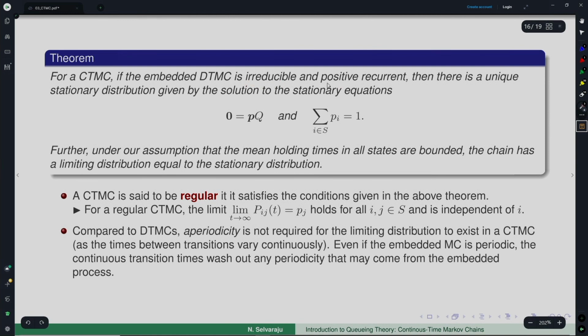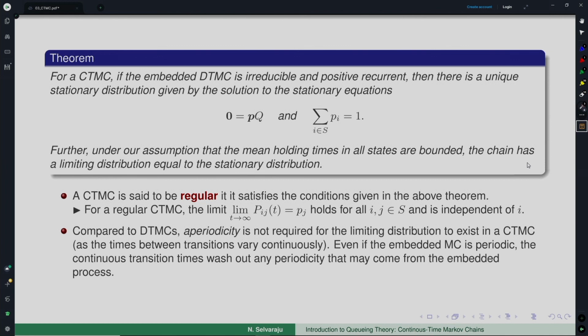So basically that is why irreducibility and positive recurrence are what is needed. In the discrete time case, the stationary equations were different, but a solution was possible if this was the case. And in the case of an aperiodic Markov chain, we said that if the limiting distribution exists, then it equals the stationary distribution. But here we do not need that aperiodicity condition, which is the difference you would see with respect to the ergodic theorem for the continuous time Markov chain, much like the similar case for the discrete time Markov chain.